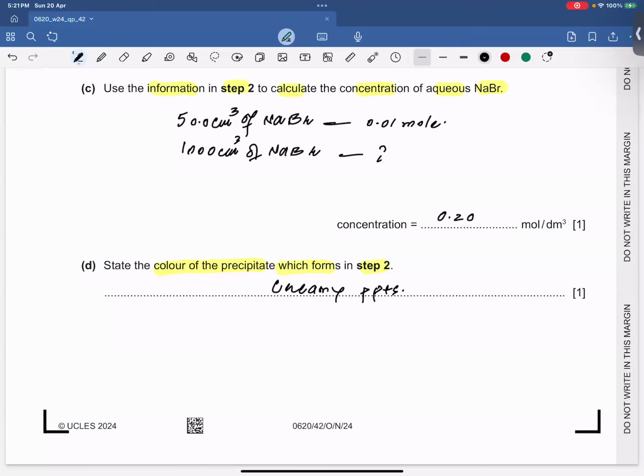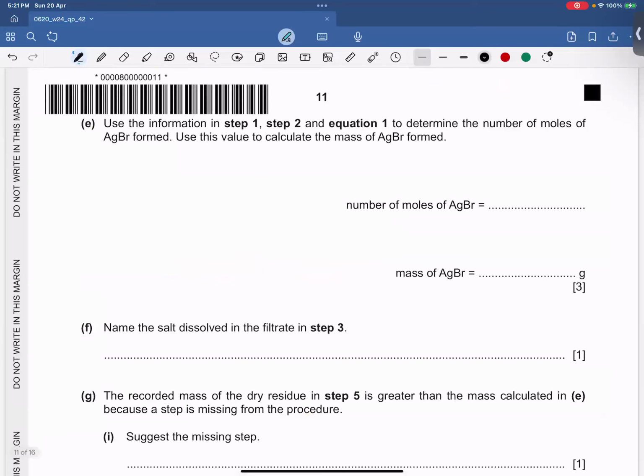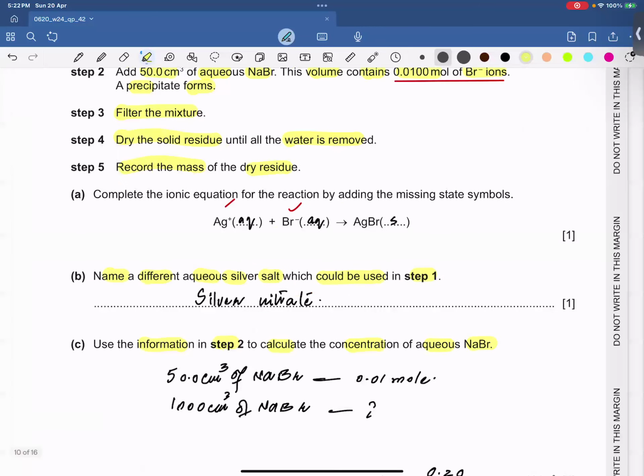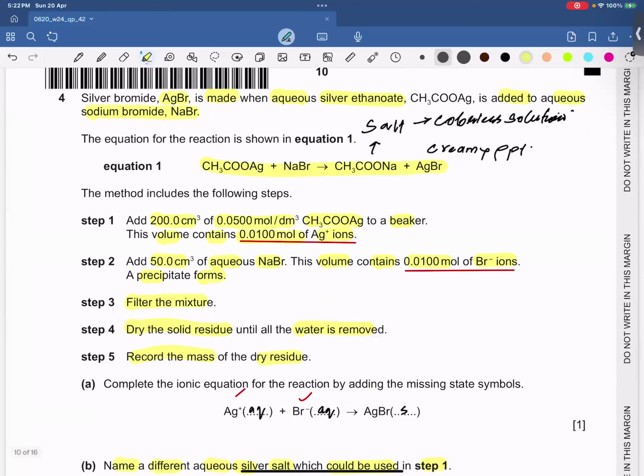That's an excellent question, guys. Use the information in step 1, 2 and equation 1 to determine the number of moles of AgBr formed. Use this value to calculate the mass of AgBr formed. Step 1, step 2, and equation 1.